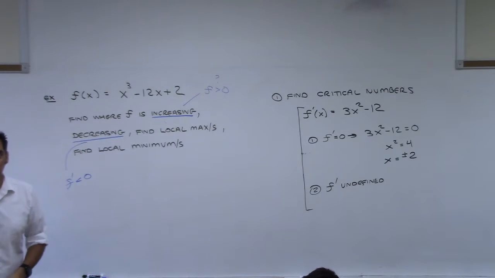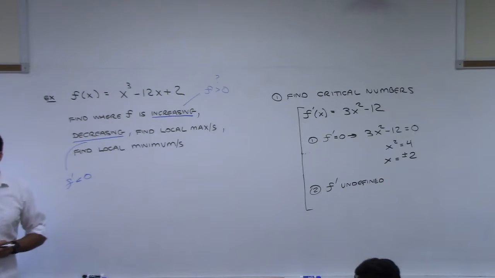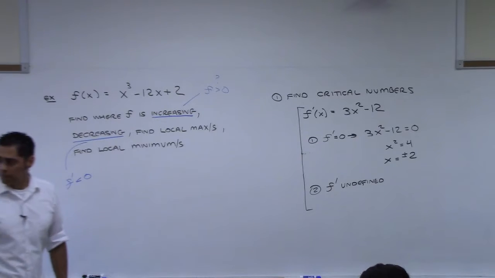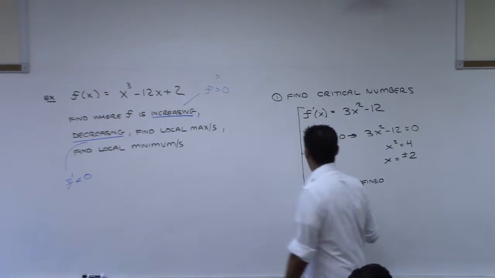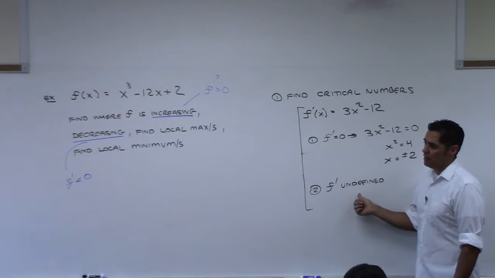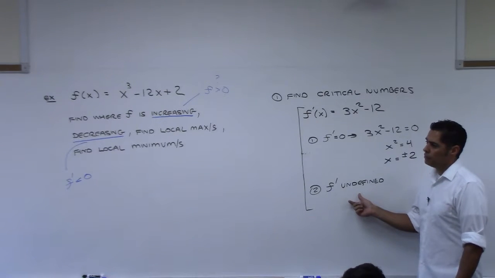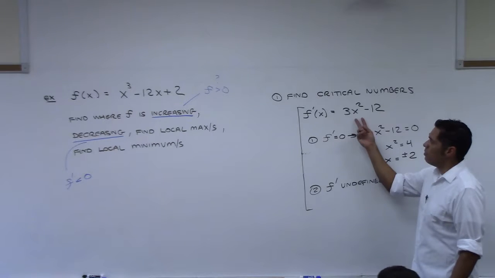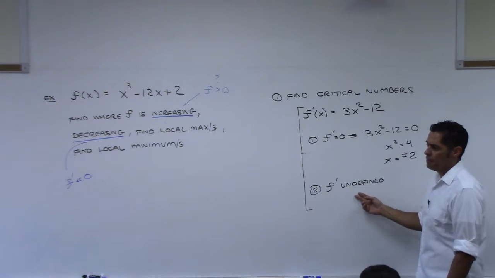All right, so you asked for it, right? Where's it undefined, sir? Where's this derivative undefined? Or I should ask, is it undefined? So what are you thinking? If I'm asking you where that's undefined, what are you thinking?